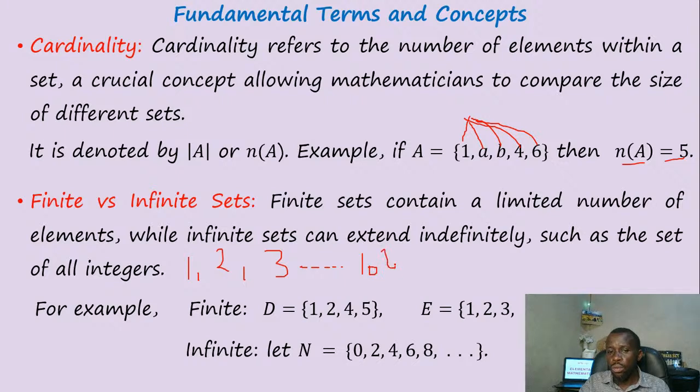This is a finite one because it ends at 10. However, like this question we just looked at, after that dot, dot, dot, no number again. The next thing we have is a curly bracket. That shows that it is an infinite set because it doesn't have an end. But immediately you write a number there, it has an end. Or you write a letter there, it has an end.